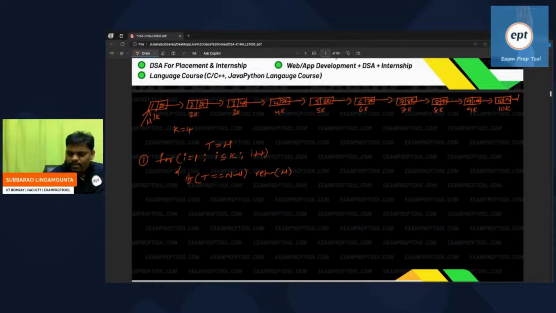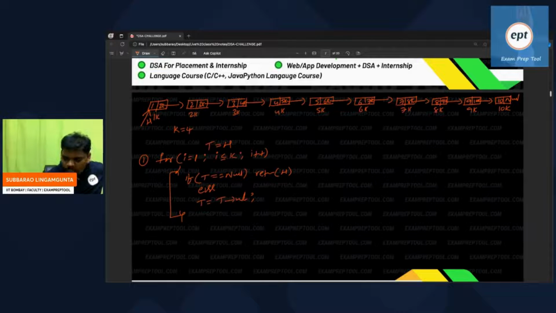Suppose node is there, then what you do is, else t is equal to t next. Then go to the next node. So this loop will repeat k times. First time it will check whether the first node is there or not. If the first node is not there, return head, saying that I cannot reverse the k people because the node is not there.